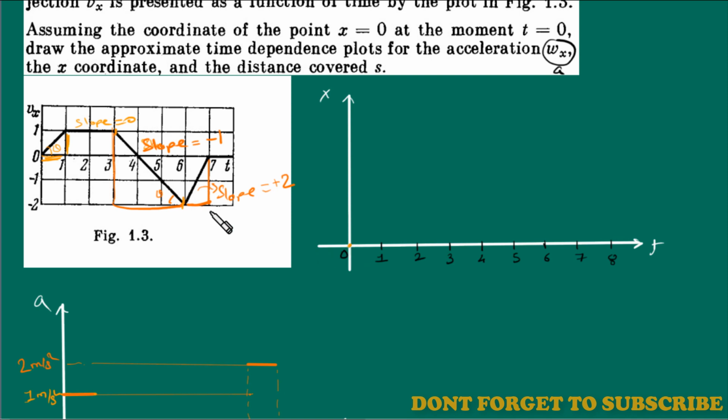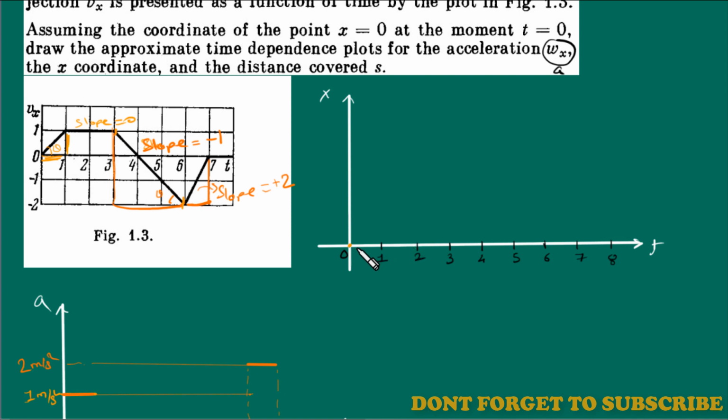Before we start, when we draw this graph, you must remember a few important points so that you do not make the graph wrong. We will draw this graph in parts, like from 0 to 1, and then 1 to 2, and like this.